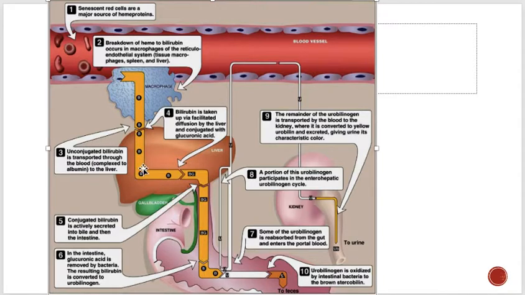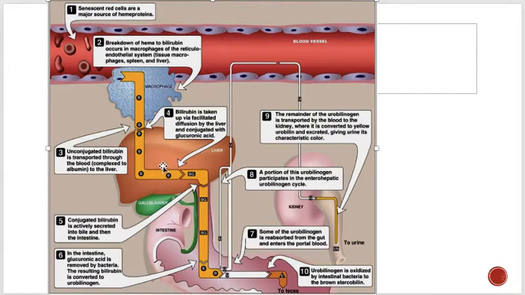Now the liver is the one which does the conjugation. As we know, it is conjugated with glucuronic acid, by an enzyme which causes this conjugation.